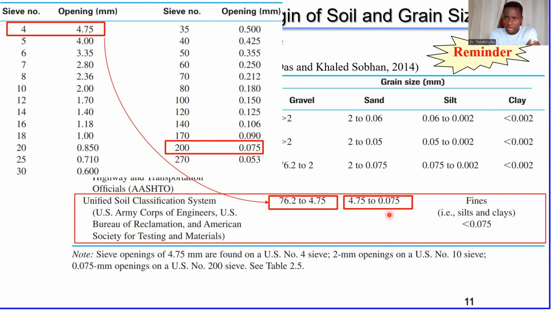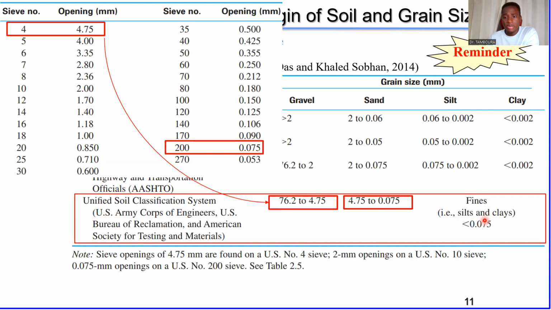If something passes the sieve number 200, if any soil particle passes this sieve, it means that soil particle has a diameter smaller than 0.075, which means that soil particle is silt or clay particle.